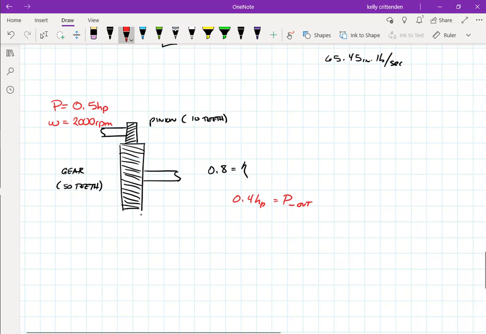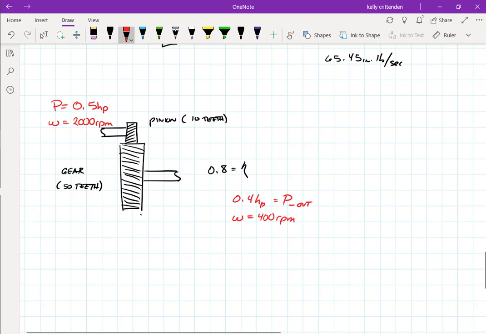I'm going to keep the ratio of the speeds between the input shaft and the output shaft as my gear ratio, 10 to 50, so 1 to 5. If I have an input of 2000 RPM, I divide by 5 and get 400 revolutions per minute out.